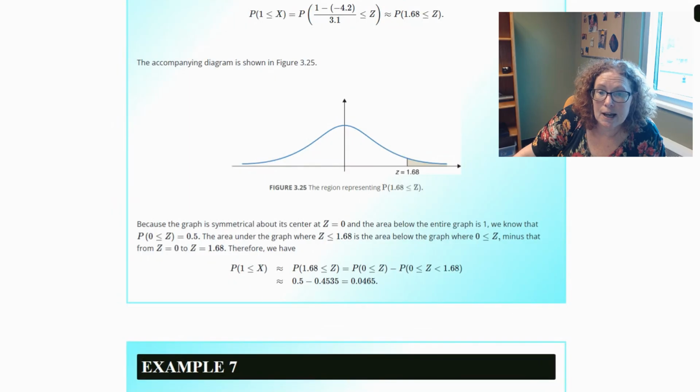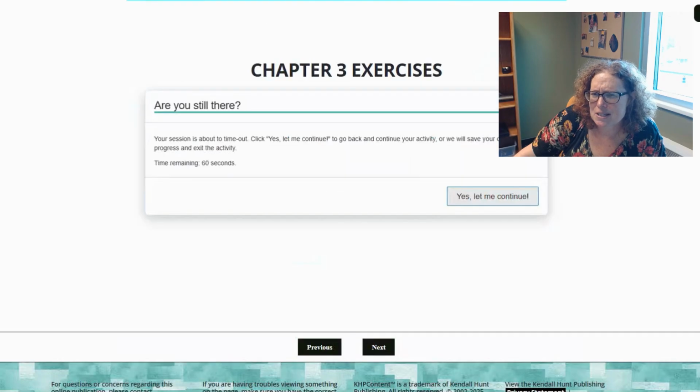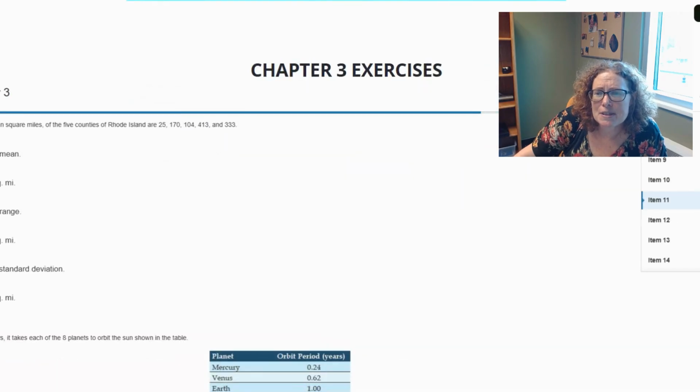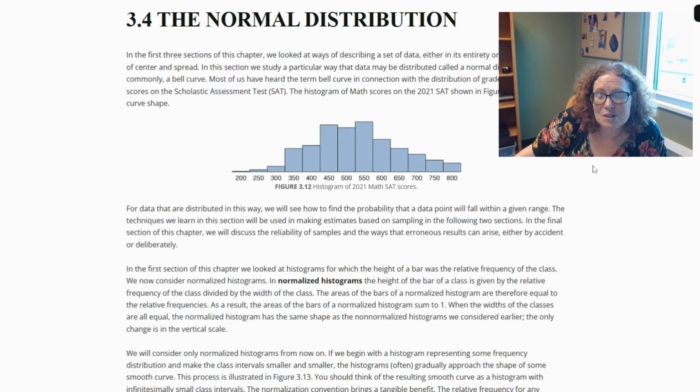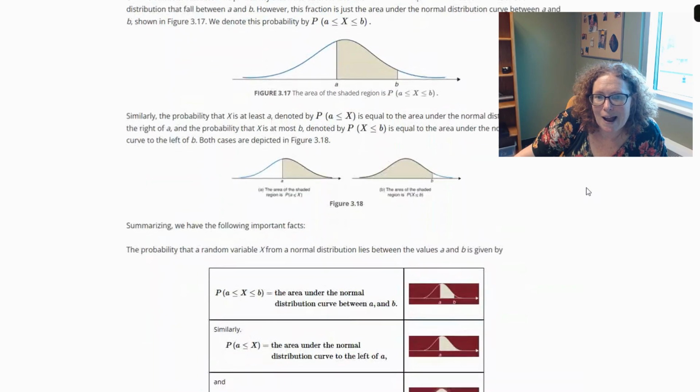Remember how we added 0.5 back before, and we had all of the one side and just a little portion of the other, and so we wanted to get that amount, which was like 0.75. This one is a little different because we are going to subtract.